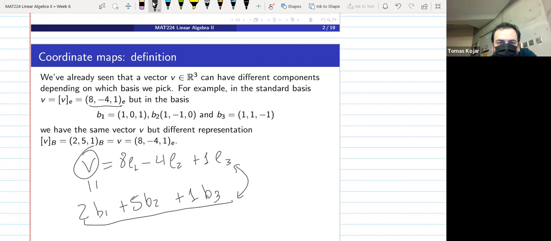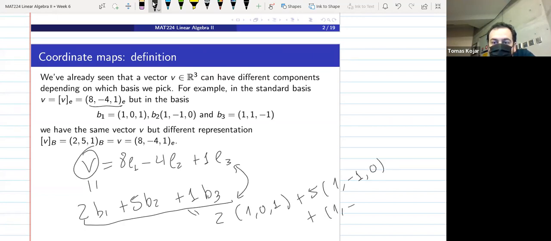So this guy is, let me do this guy. So it's 2 times (1, 0, 1) plus 5 times (1, minus 1, 0), plus 1 times (1, minus 1, minus 1). Now I have to add them all together.